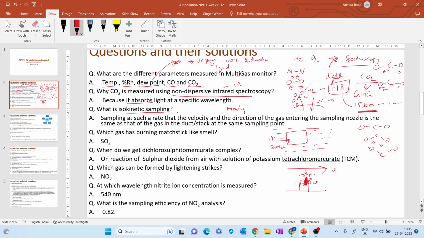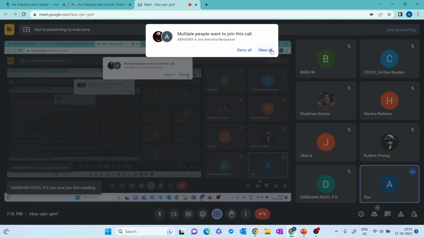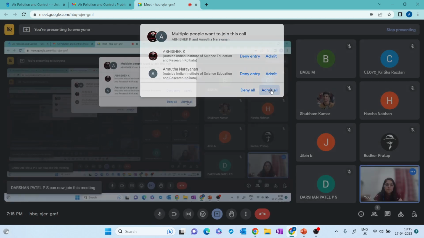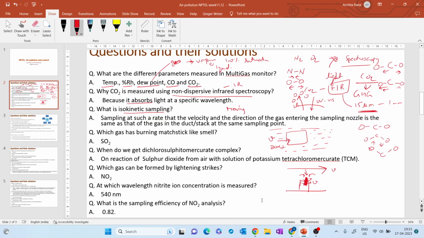Now next is SO2 analysis. SO2 is a gas. So these are tiny questions. I think everyone has noticed that sulfur generally gives a very pungent smell.